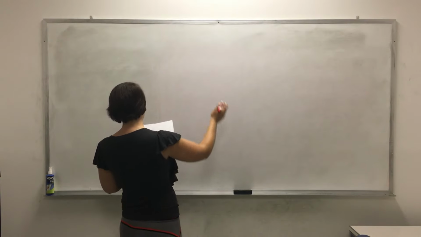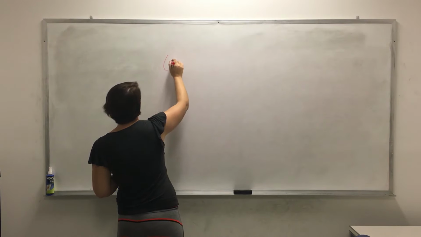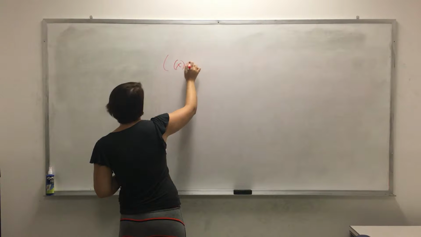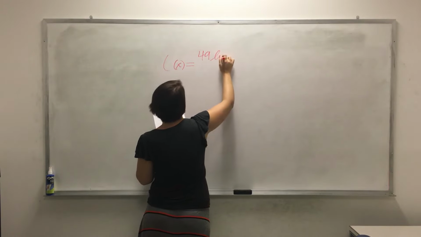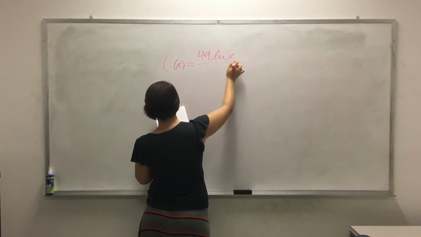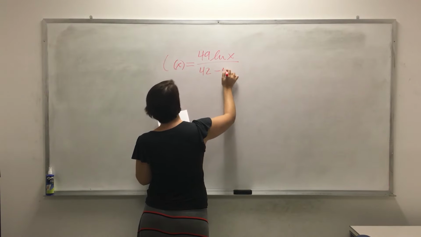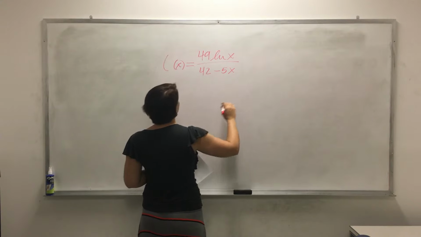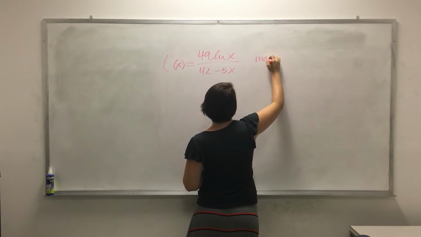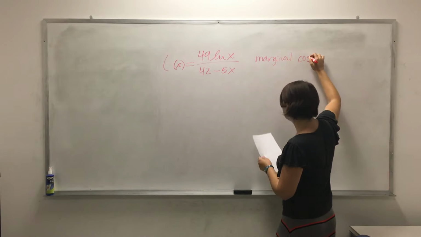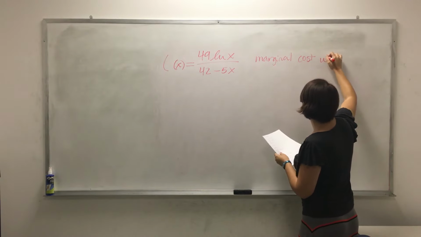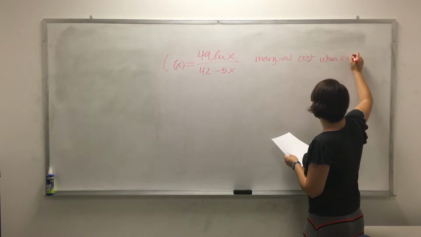Okay, so then if we are given a cost function, c of x is equal to 49 ln of x over 42 minus 5x, we're told to find the marginal cost when x is equal to 7.